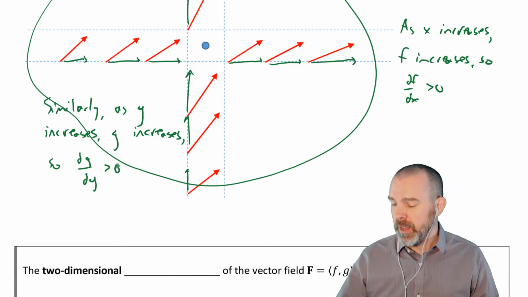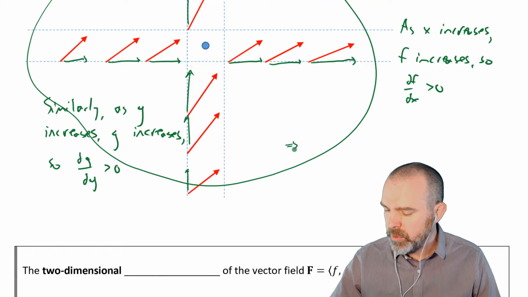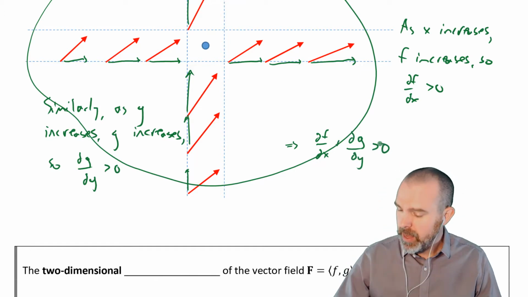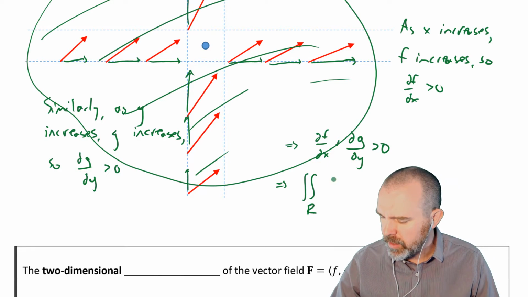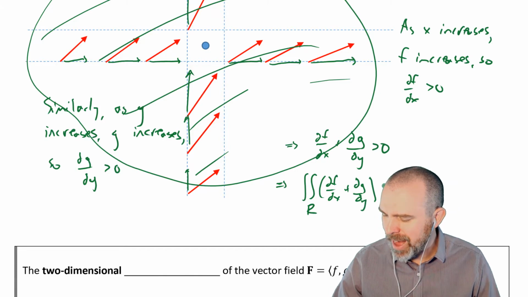Taking those two facts together, the partial derivative of f with respect to x plus the partial derivative of g with respect to y will be a positive number. That implies that the double integral of that over the region inside this particular curve would be positive.